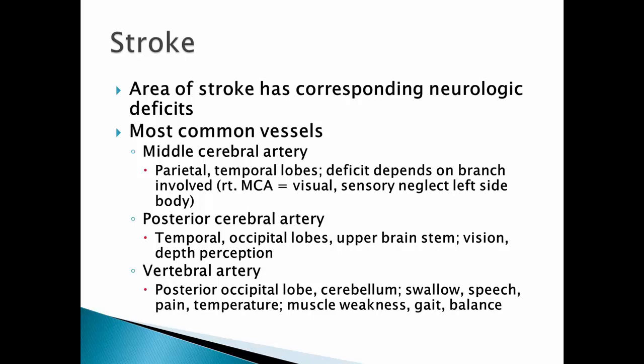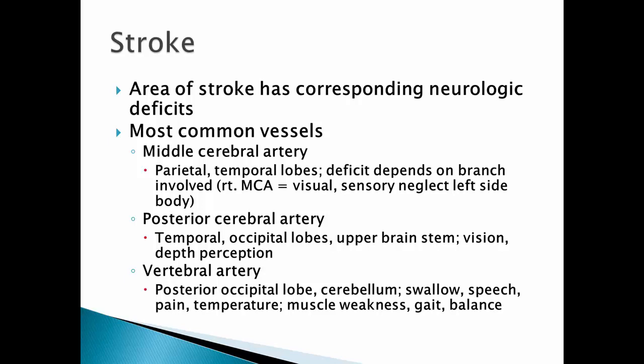When we think about the most common vessels affected by stroke, they are the middle cerebral artery, the posterior cerebral artery, and the vertebral artery. The middle cerebral artery primarily supplies the parietal and the temporal lobe. Now, the deficit will depend on the branch that's involved. For example, if it's the right middle cerebral artery, we would have visual and sensory neglect on the left side of the body.